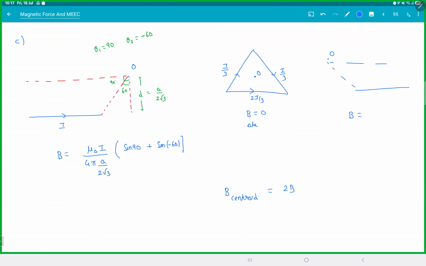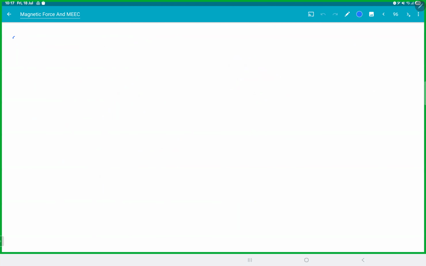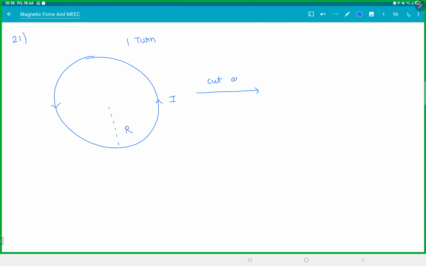Okay, next thing. Let's say we have one turn of radius r. Someone took this, it was cut, and then it is rewound to n turns. We have done something like this in magnetic moment also. Same current.